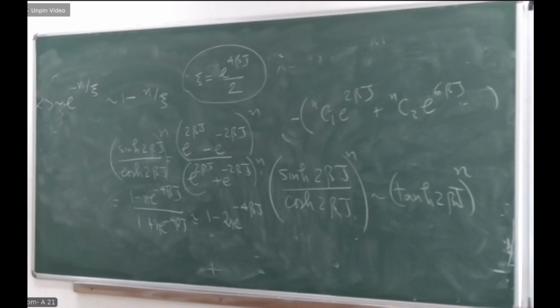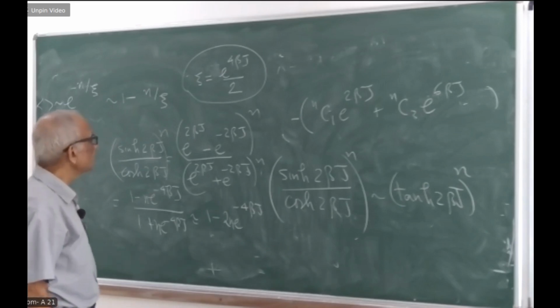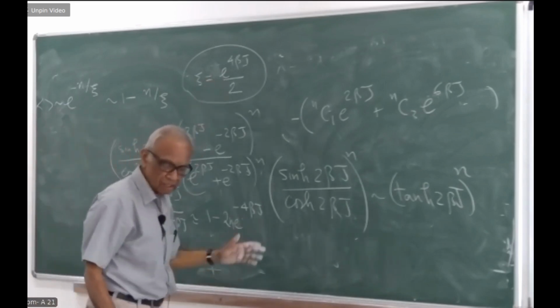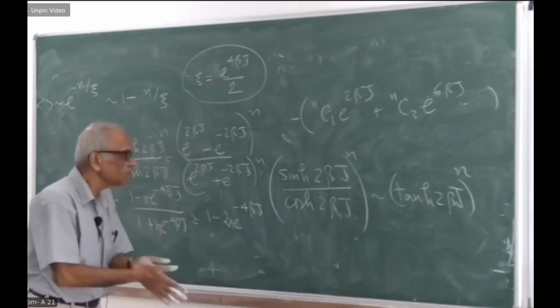What happened to the 1 in the partition function? That was the cos. Something I'm a bit worried about. Anyway, have a look.